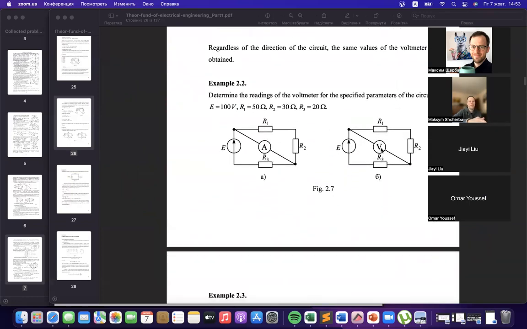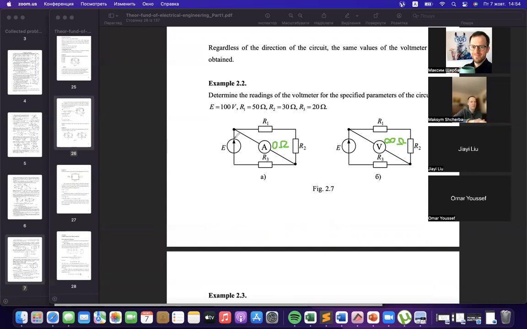Another example, just to deal with measurement devices, ampere meter and voltmeter. What will be the difference between these two circles? The difference will be whether current flows through the element or not. As we discussed previously, the ampere meter has 0 ohm resistivity and the voltmeter has infinitely high resistivity.